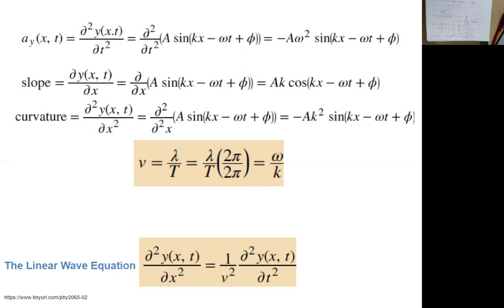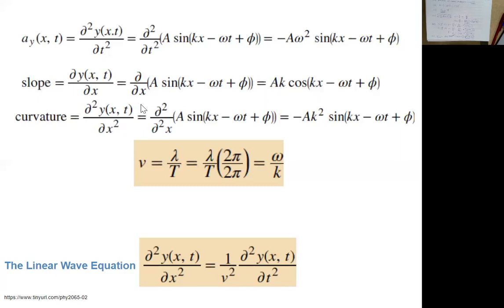Now if you take the derivative of the wave function with respect to the position x variable one time, it gives you the slope of your wave function. Sine becomes cosine, then the k in front of x comes out. So A times k cosine.